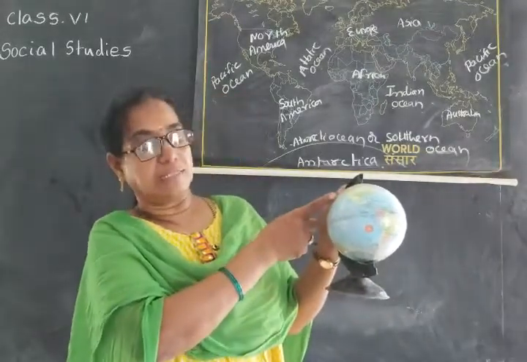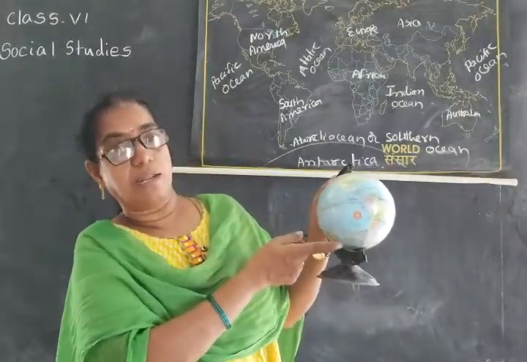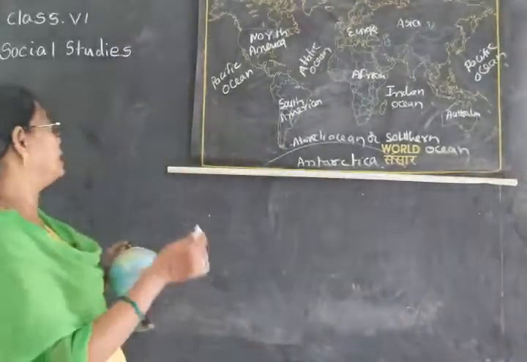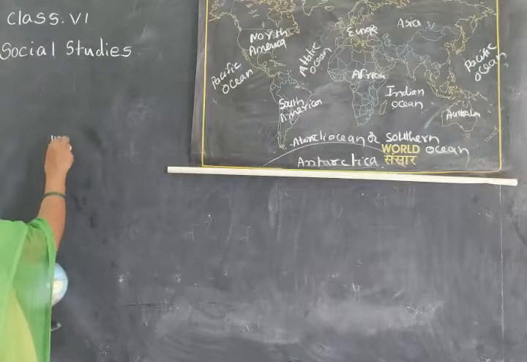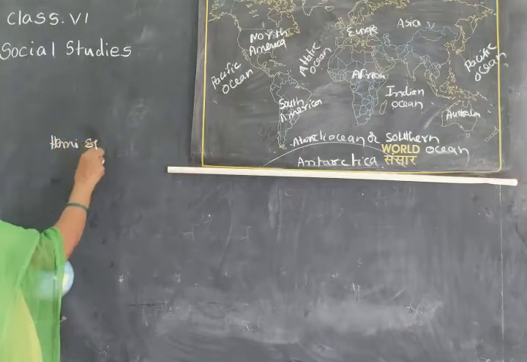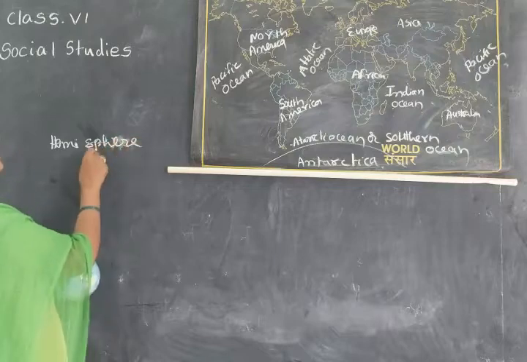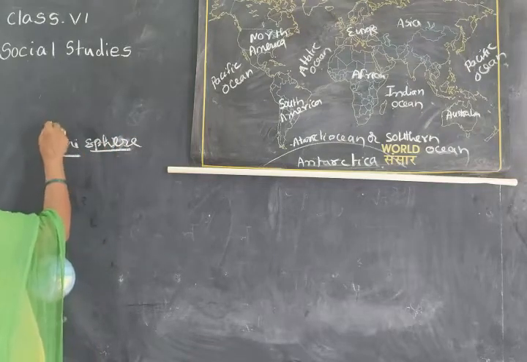The north part is called the northern hemisphere, the south part is called the southern hemisphere. What is meant by hemisphere? Sphere means round like a ball. Hemi means half.